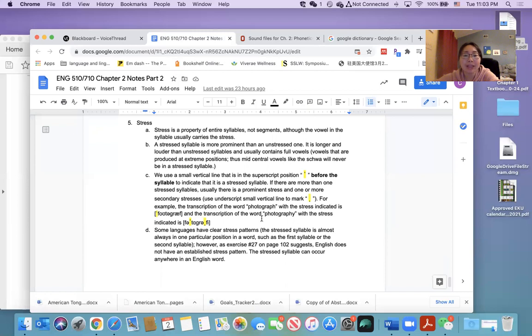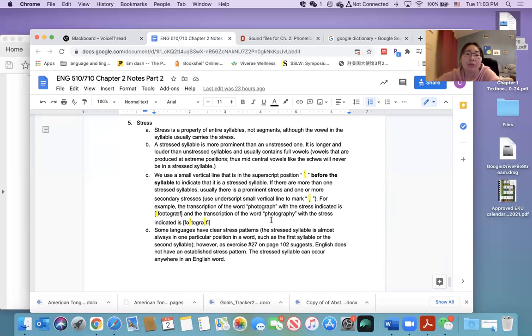You can play with it to try to stress different syllables and see if that really sounds like an English word or not, right? So for photograph, if you stress the second syllable, you would be pronouncing photograph. If you stress the third syllable, it would be photograph. Okay, how do you say the word? You say photograph, right? Not photograph or photograph.